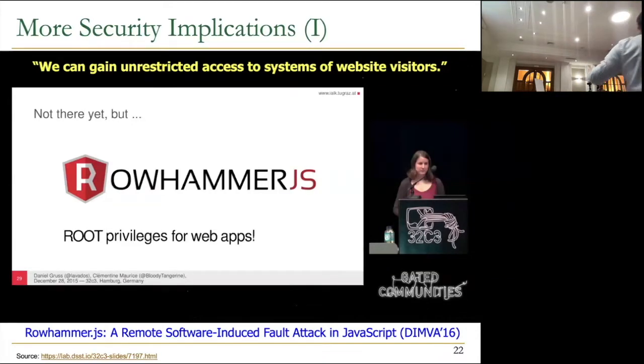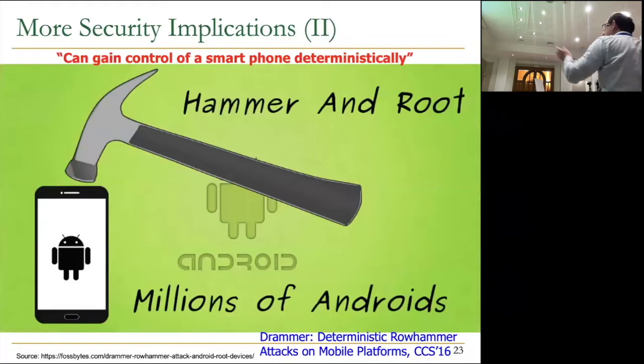There's no deterministic attack. Most attacks are not deterministic anyway in the world, but these are even more probabilistic. These folks from VU Amsterdam showed, in a very interesting paper, that they could gain control of an Android phone. So you download this app. Their app figures out which parts of the memory are vulnerable to RowHammer.